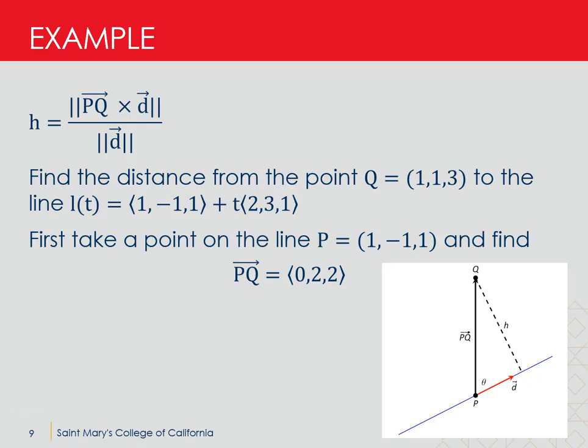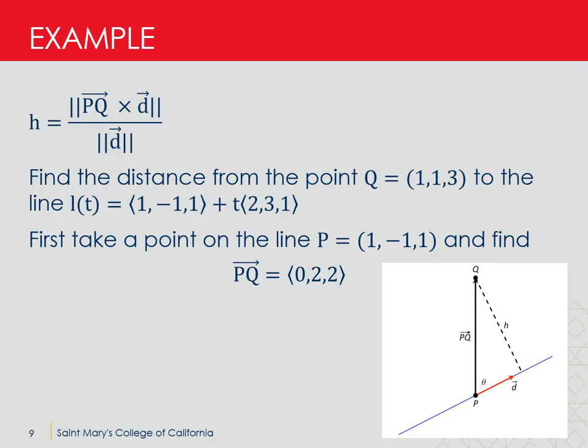And just a reminder, this is kind of what our diagram looks like. First, we take a point on the line. Now, of course, there are lots of points on the line, but (1, -1, 1) seems like the most obvious one. And given the point on the line, we can find PQ, the vector that goes from P to Q. Keep in mind that's a vector from P to Q, and we could think, well, can we not just use that distance?